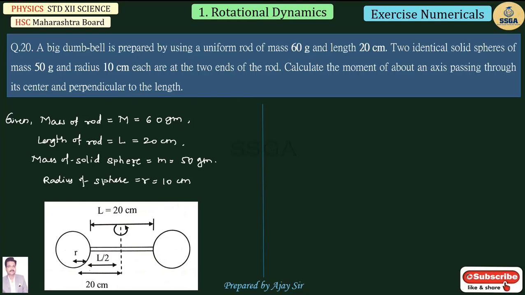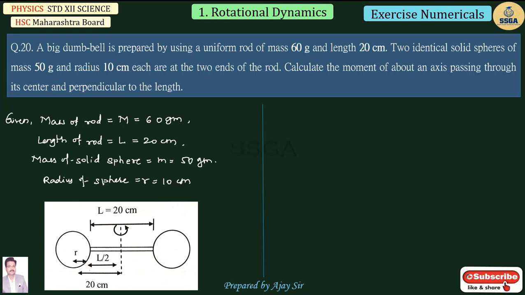See that the rod is converted into a dumbbell. The length is 20 centimeter, which we kept, but two solid spheres are formed at both ends, of mass 50 gram each. Therefore here the radius is 10 centimeter.